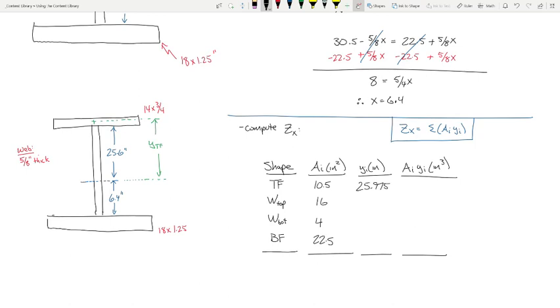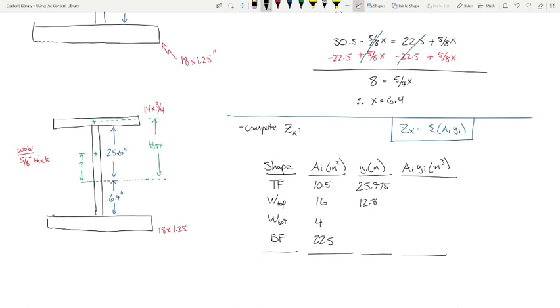Okay. What about this part right here? How far is it from this to the center of that rectangle? We're essentially talking about that distance right there. 12.8.